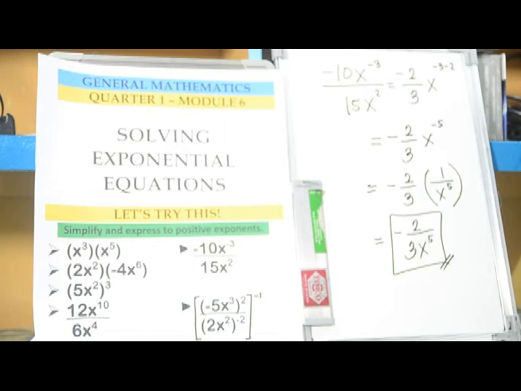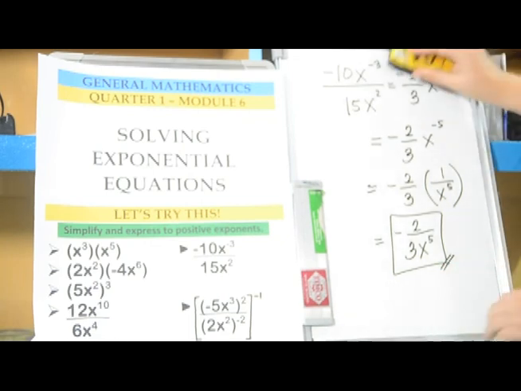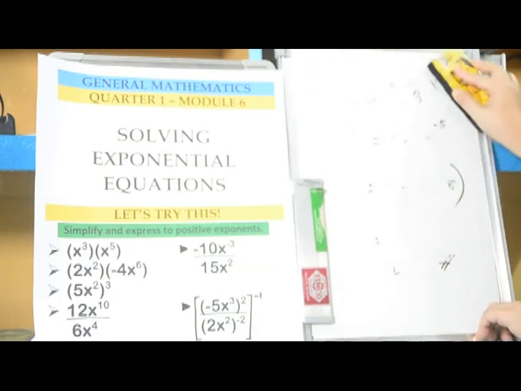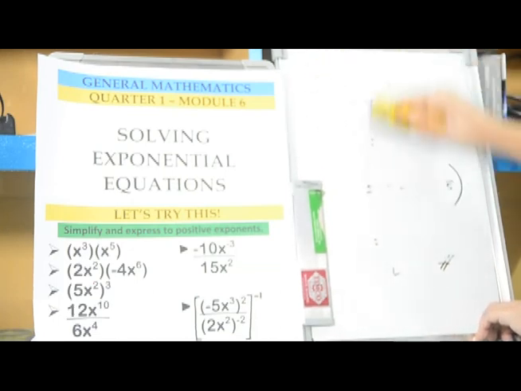Okay? And then we have the last example, which is quite complicated. The quite complicated is this one. So I hope you're able to get this one here. So let's try the last example.